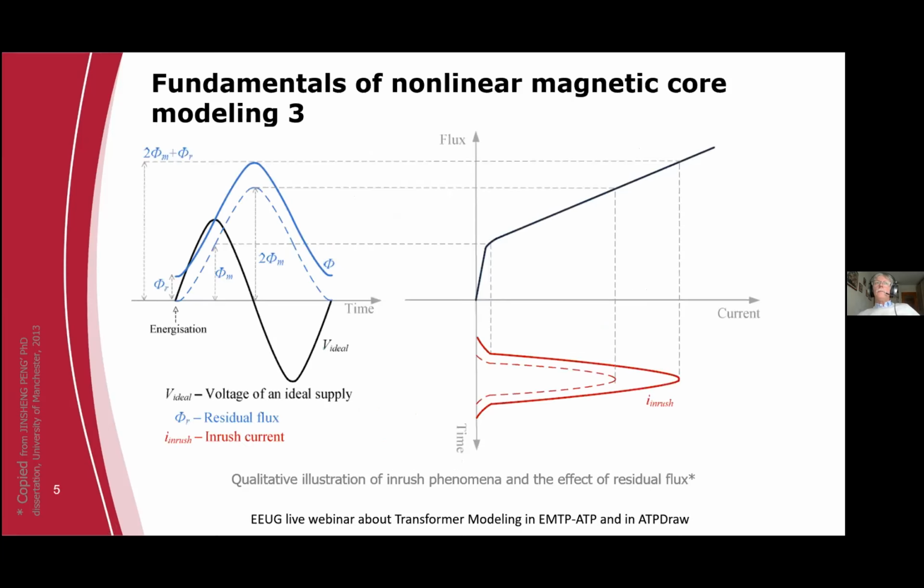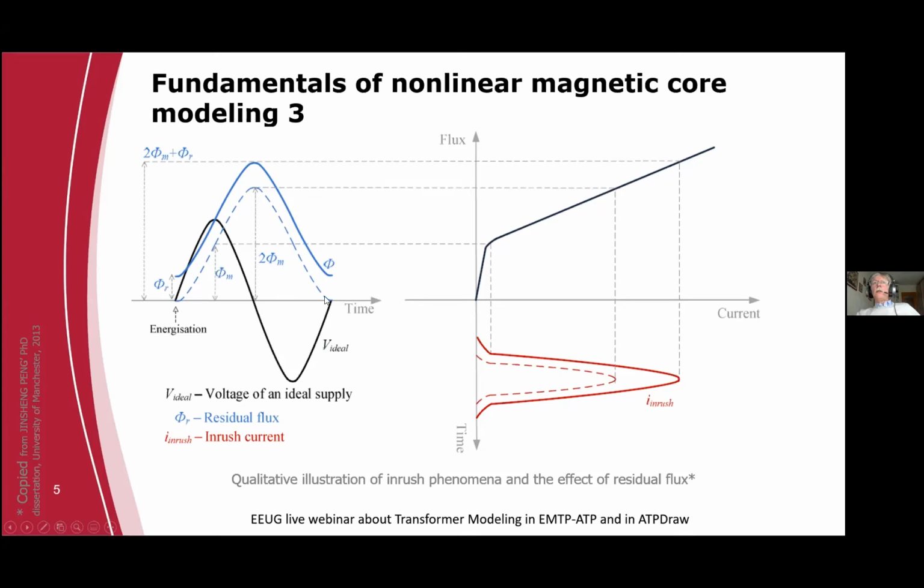Further, if we have a residual flux, this voltage integral, which is the flux, can be shifted up and down like a DC shift on this flux scale. And the dotted line shows the flux versus time without hysteresis, without residual flux, sorry.